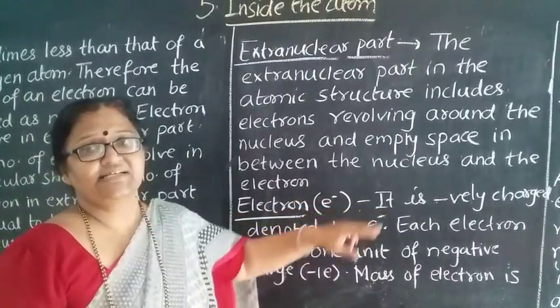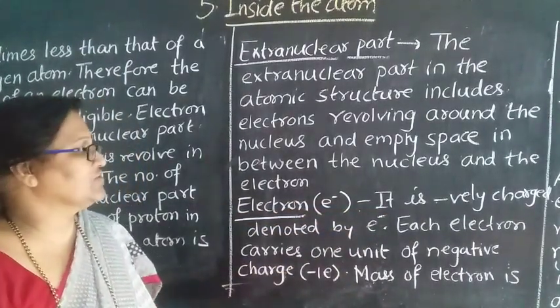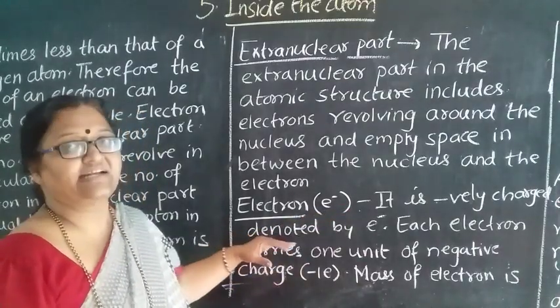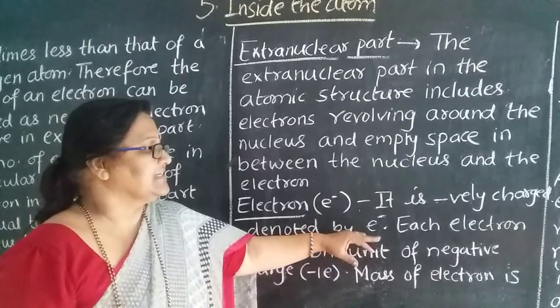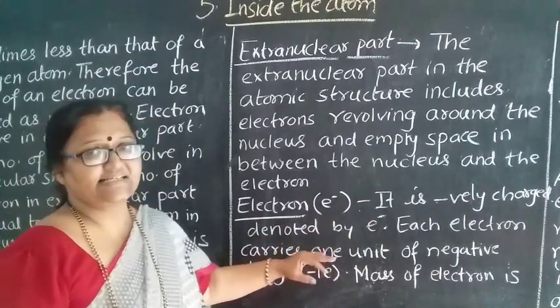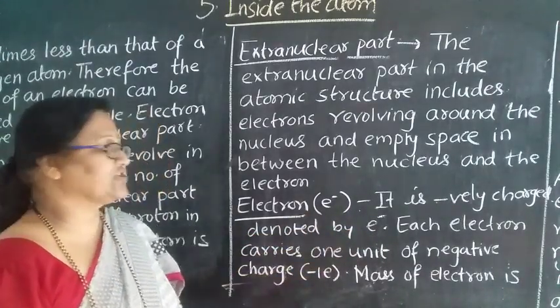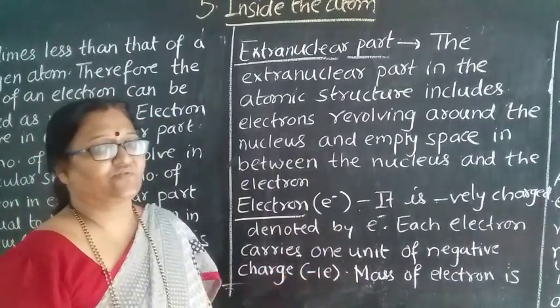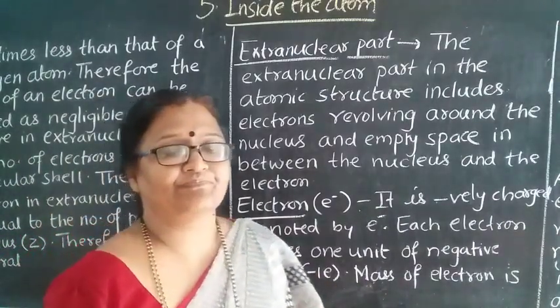Now the next point is the electron. It is negatively charged and it is denoted by e. Each electron carries 1 unit of negative charge, that means minus 1 e.